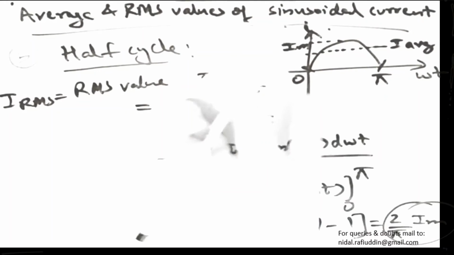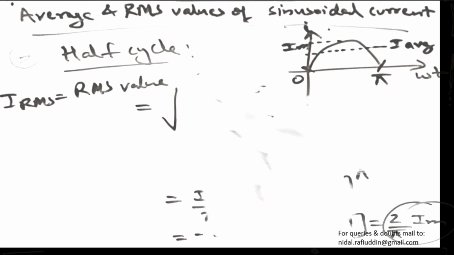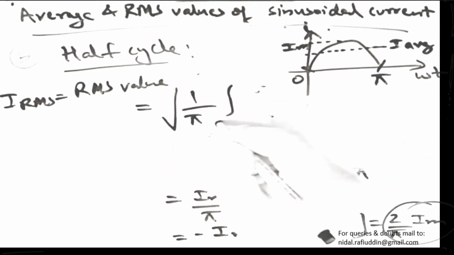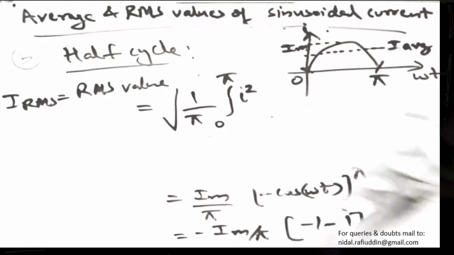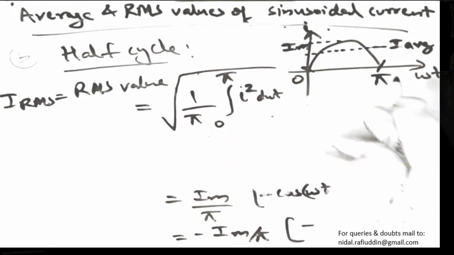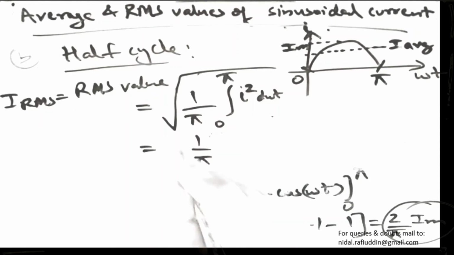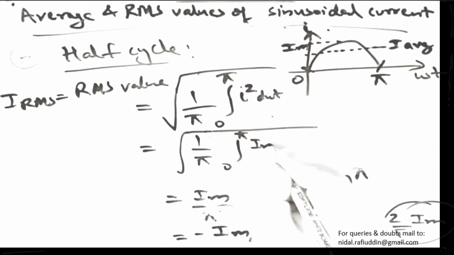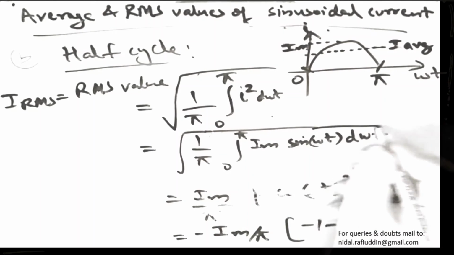For the RMS value, we have the definition as root of 1 upon pi minus 0, then the integral from 0 to pi of i square d omega t, and this is equal to 1 upon pi, 0 to pi, Im sine omega t d omega t.